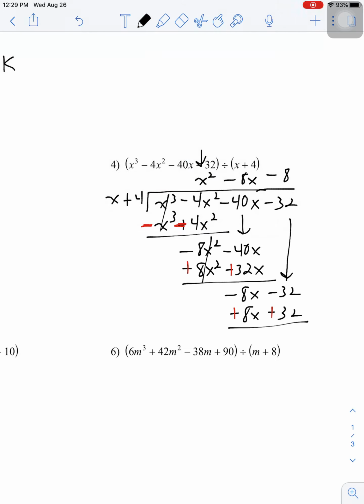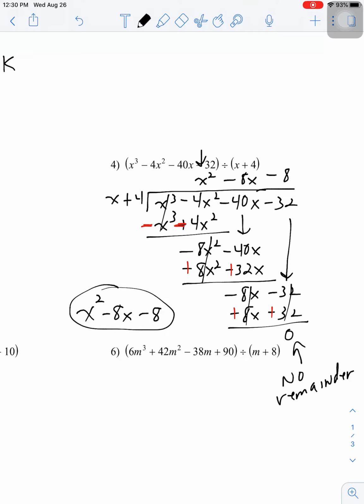And then what ends up happening is our 8x and our 32s drop out and we get 0. That's going to tell you you have no remainder, which I mentioned yesterday. And then your answer, your quotient, is the technical name for it, is this.